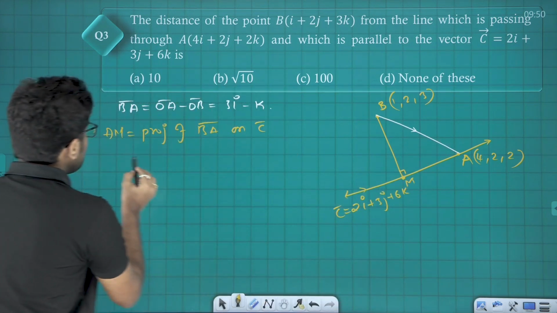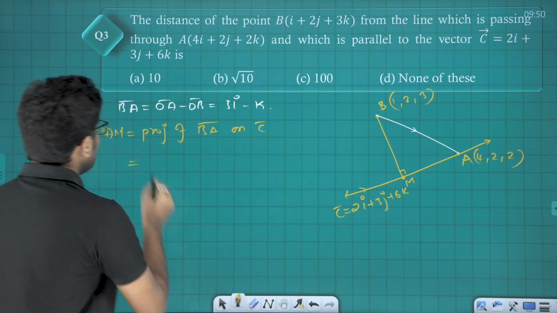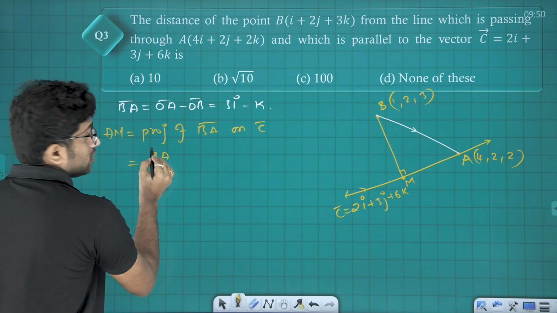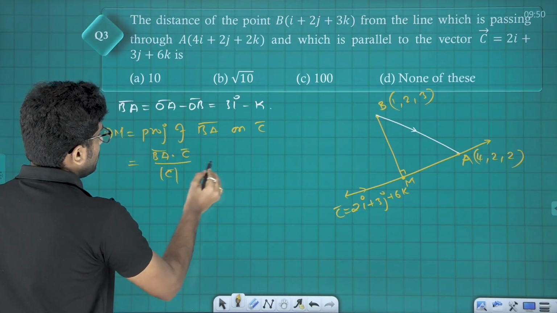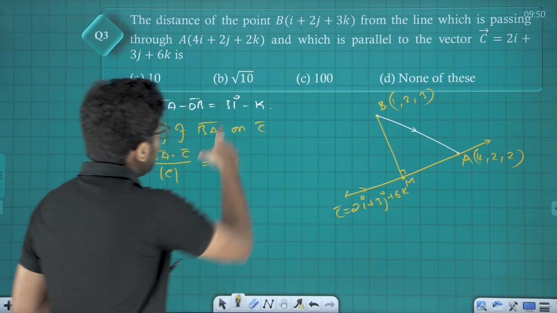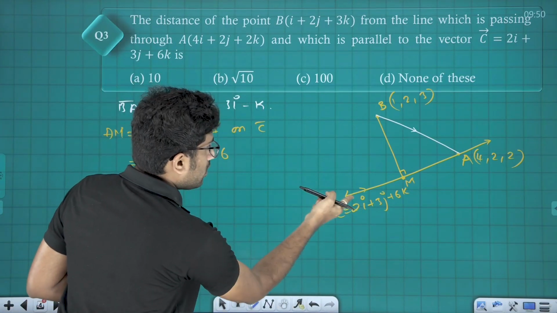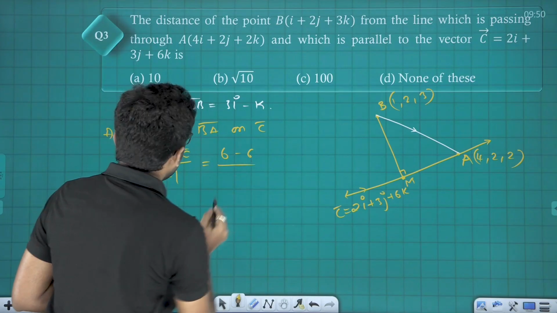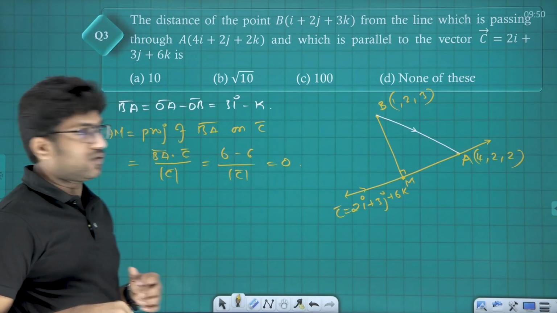Now the projection of BA bar on C bar is nothing but, we already know from the dot product, BA bar dot C bar by mod C bar. So BA bar dot C bar is 3i minus k dot this: 3 2s are 6 minus 6. So 6 minus 6 divided by mod C bar. That means the AM value is 0, friends.